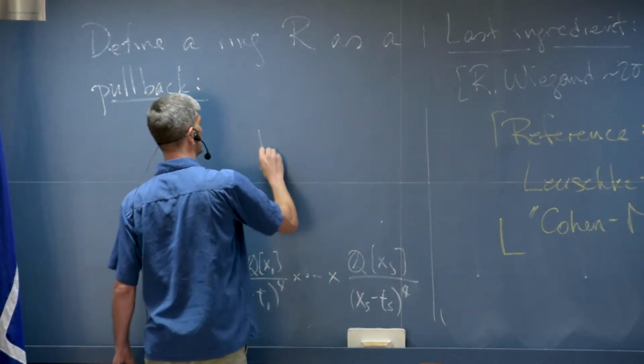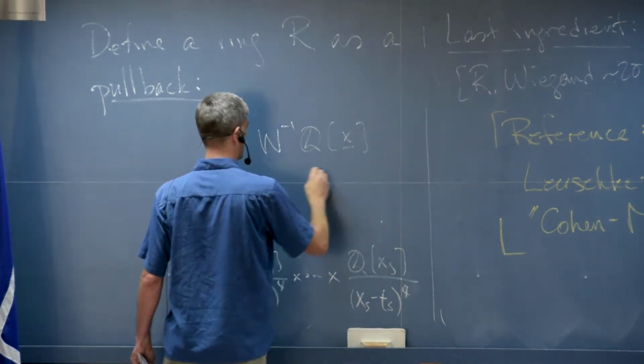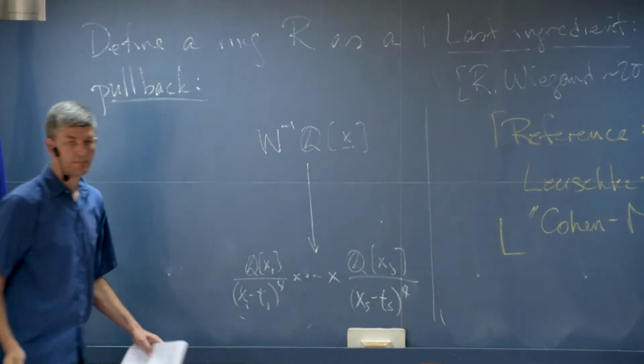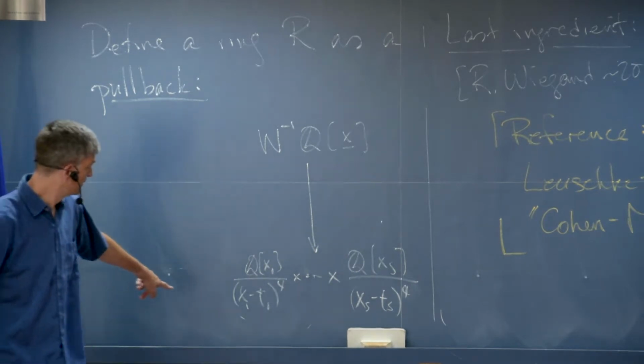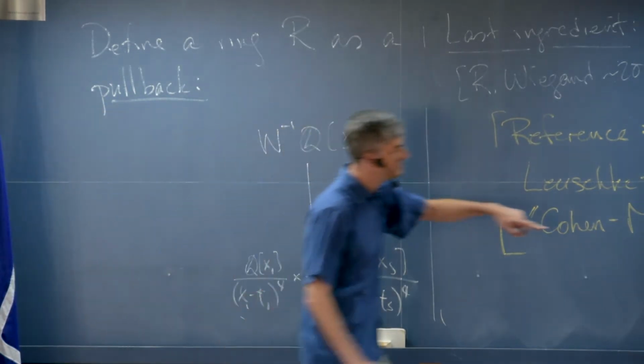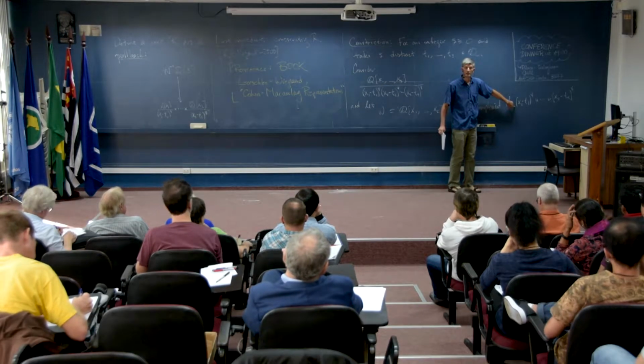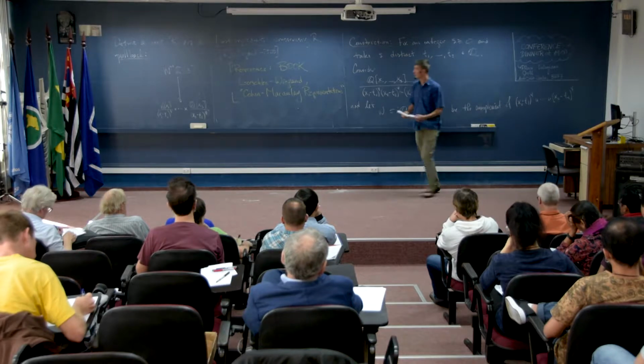Then the localization maps to this by killing each one of these. We've localized so that these height 1 ideals are the only maximal ideals in the localization.